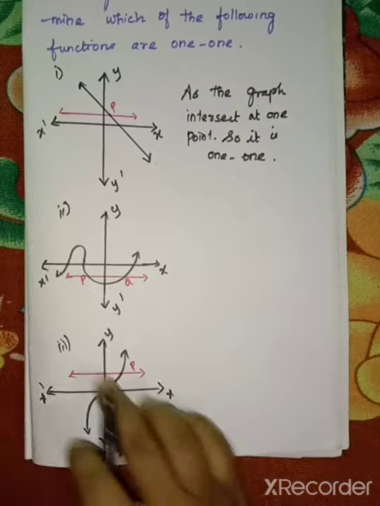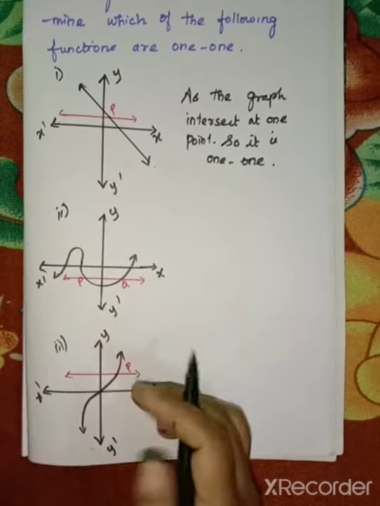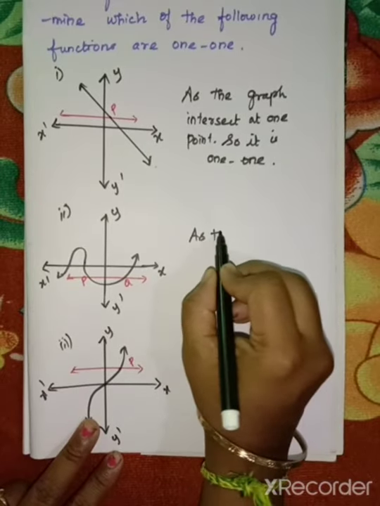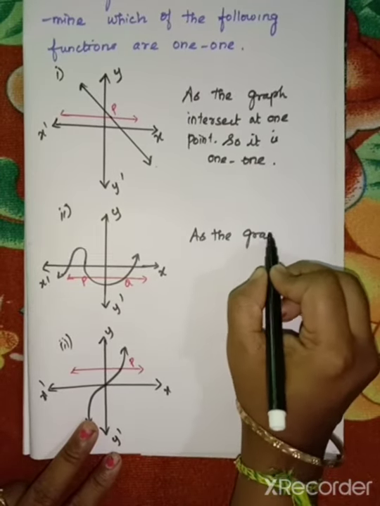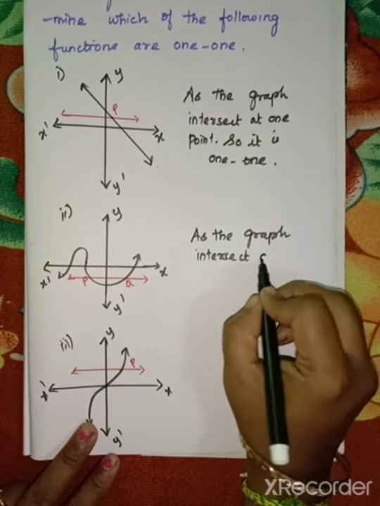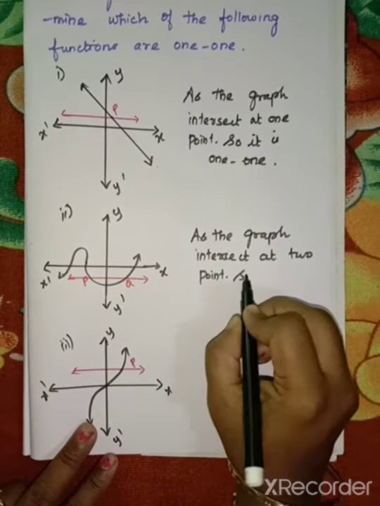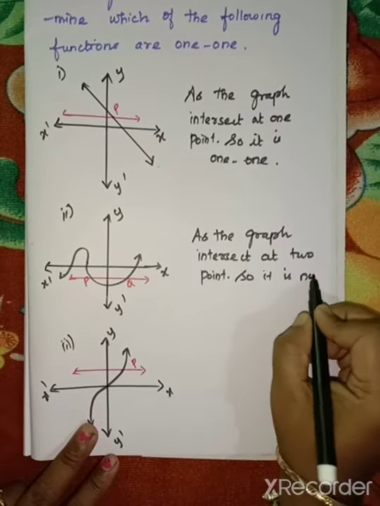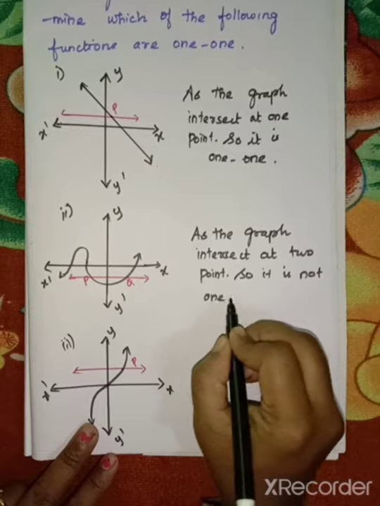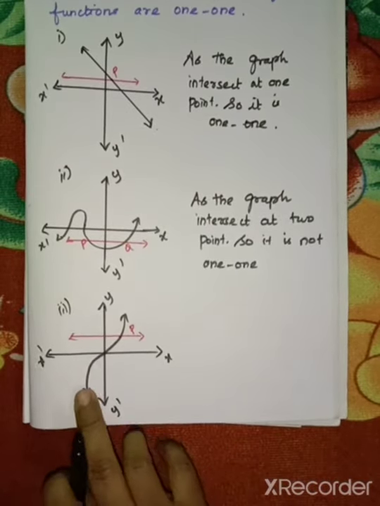Then the second one, see here, the curve touches 2 points. So the graph intersects at 2 points, so it is not a 1 to 1 function. Then the third one, this is a graph.